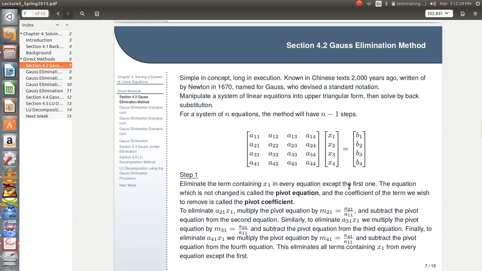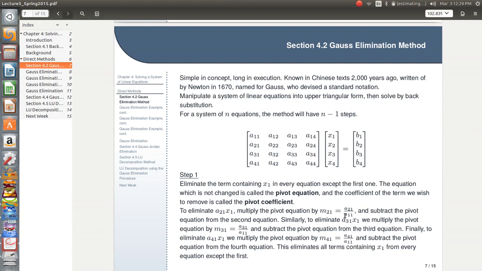To do this, what we do is select a pivot equation. For step 1, we use the first equation as our pivot equation, and we then create a pivot coefficient. The steps to do this are listed below, and please note that each of these pivot coefficients has a specific name and is created with a specific formula.